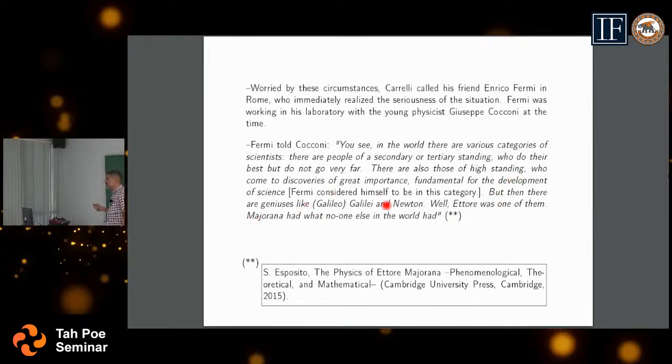Fermi considered himself to be in this category. But then, according to Fermi, there are geniuses like Galileo Galilei and Newton. Well, Ettore Majorana was one of them.